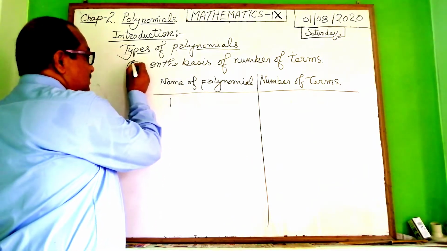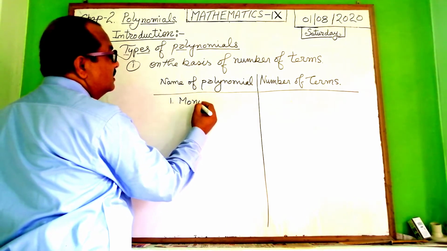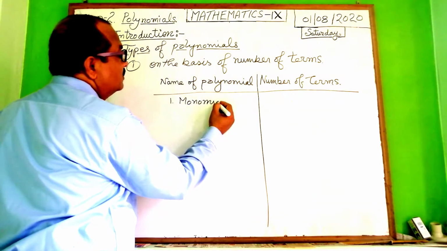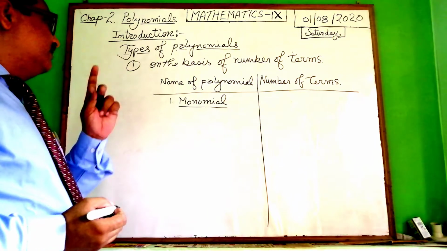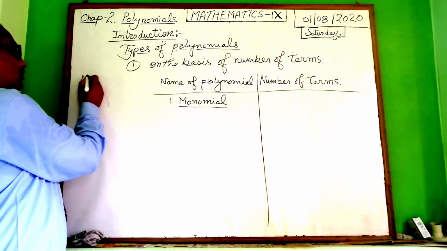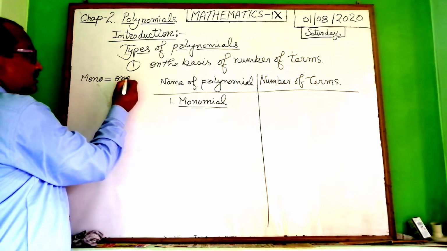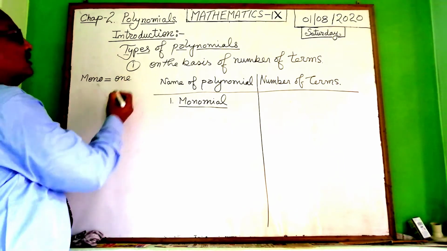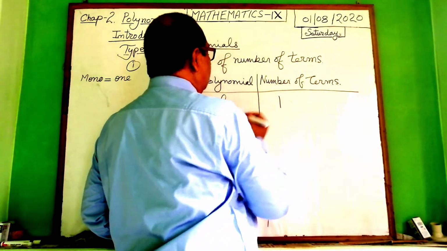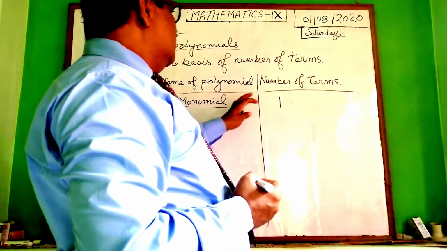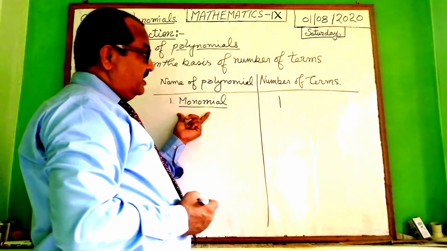First you can see monomial. What is monomial? Mono stands for one. So how many terms does it have? One term. If a polynomial has only one term, it is called a monomial.